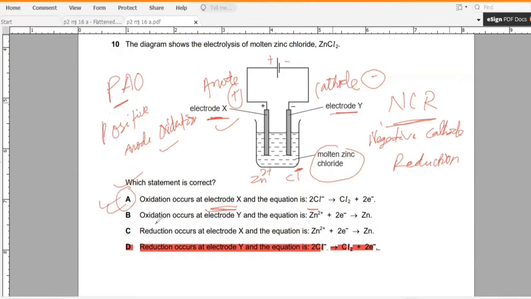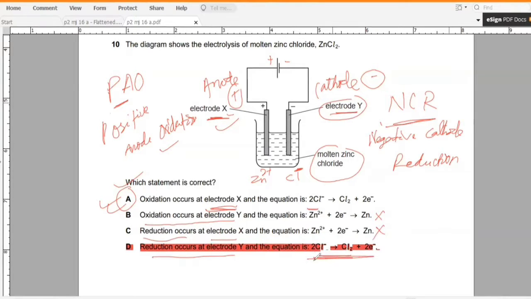And the other options, if you would like to check them: oxidation occurs at electrode Y, never. They are talking about electrode Y, where reduction will take place actually. Not right. Reduction occurs at electrode X. X is always oxidation. So this is also not the right choice. Reduction occurs at Y, but the statement they are talking about is chlorine.